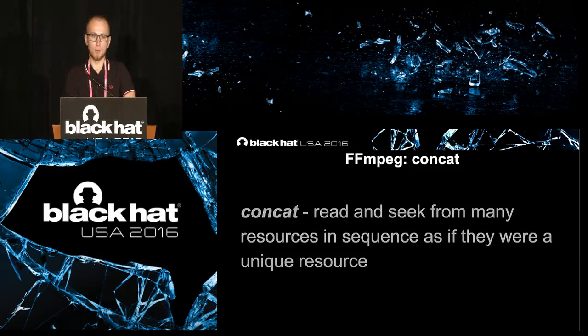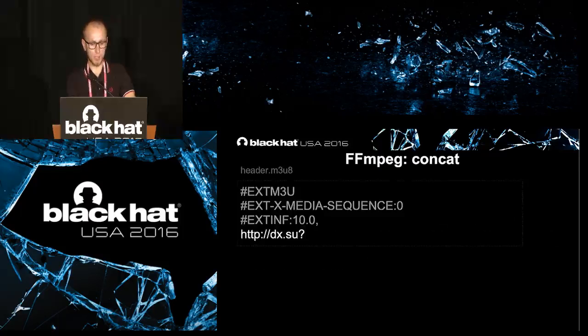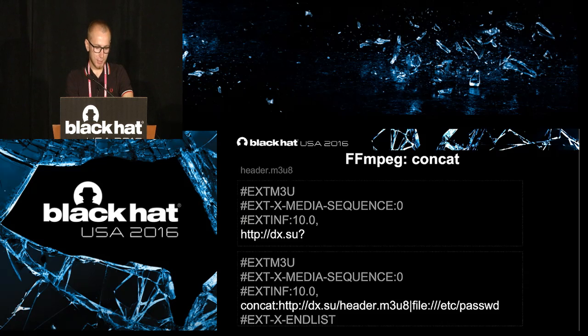This is a quote from the official FFmpeg documentation. Concat is used to read and seek from many resources in sequence as if they were a unique resource. Let's try to play with concat. So we have a header file with my domain, and we are trying to concat that header with the local /etc/passwd file.